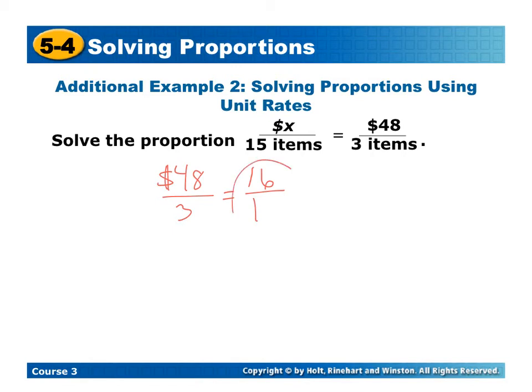So our unit rate is $16 for 1 item. So since we're buying 15 items, we could take 16 times 15 and we get $240.